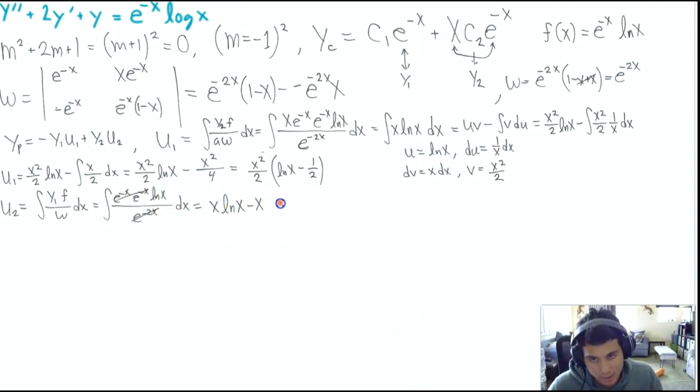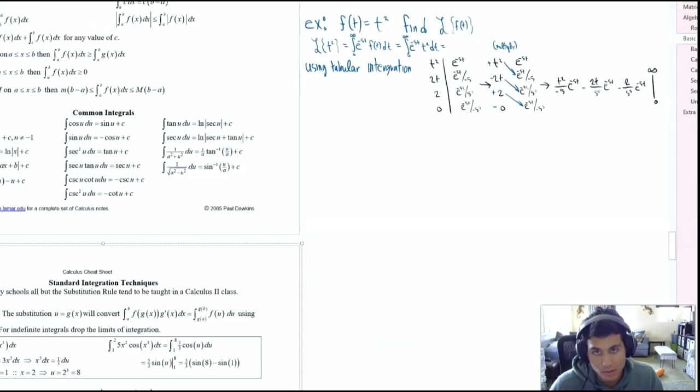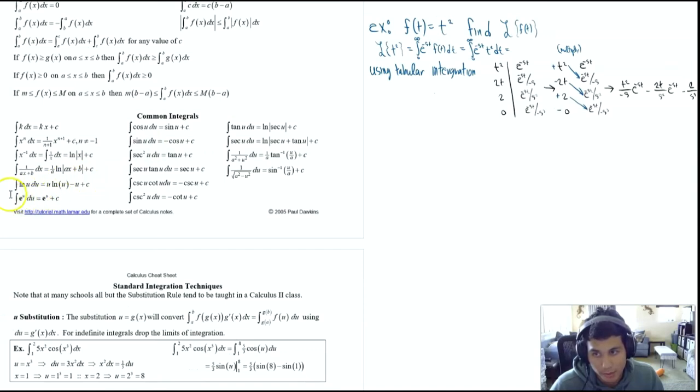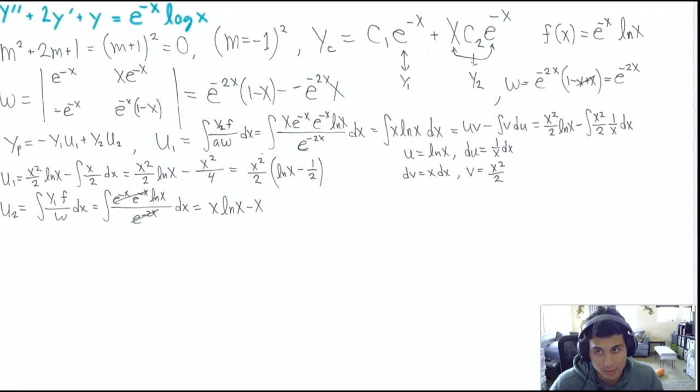I do have this integral memorized, and if you don't believe me, here you go. That is just integration by parts. Let's go back to this now. We just get x ln x minus x, that's u2. Oh, very nice.